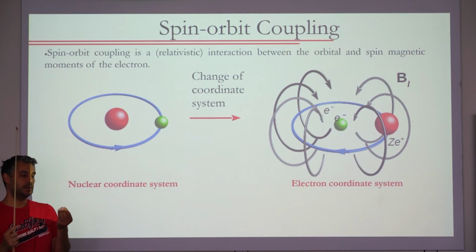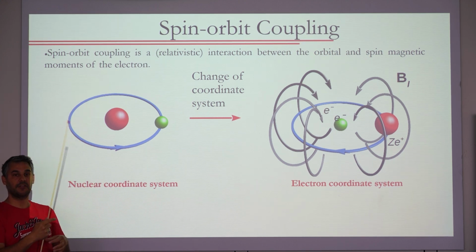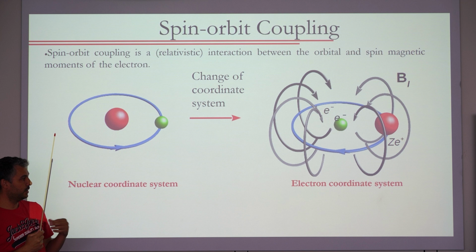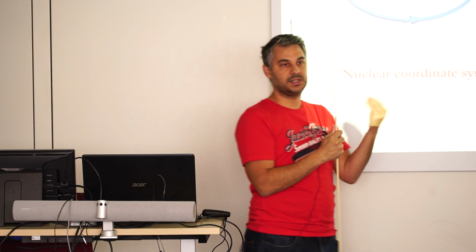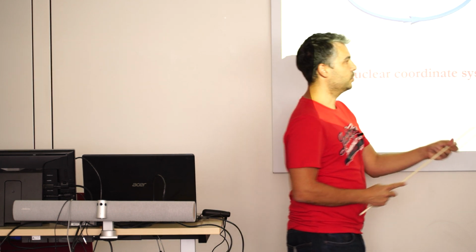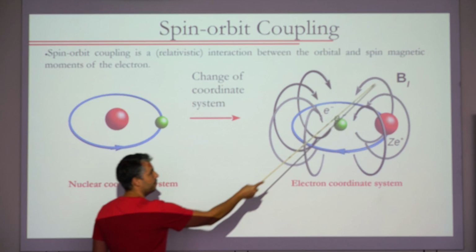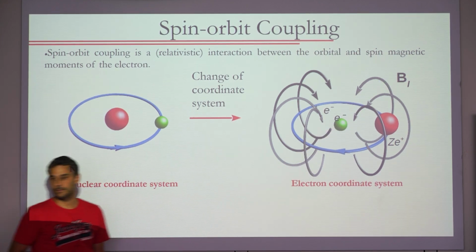Then the electron is sensing a positive charge moving around that generates a magnetic field, and that is due to the orbital motion of the nucleus around the electron, which is the same but opposite to the orbital motion of the electron around the nucleus. So this makes what we can call a nuclear magnetic field felt by the electron.